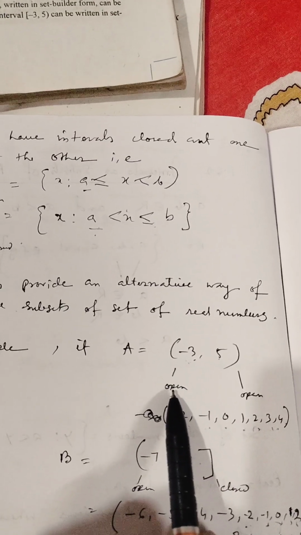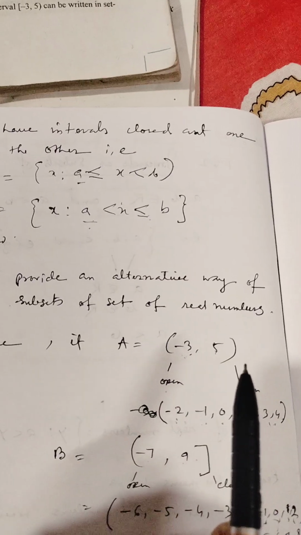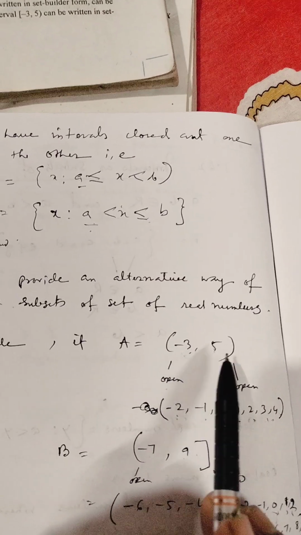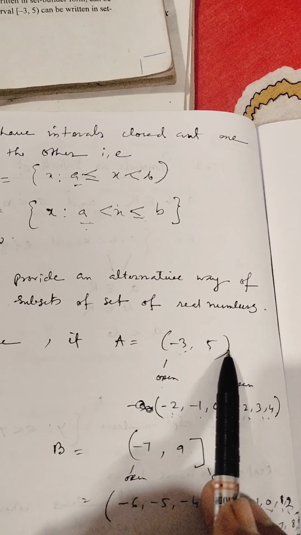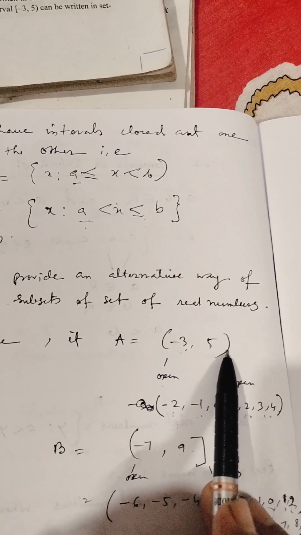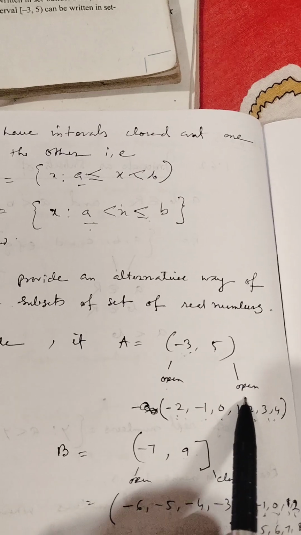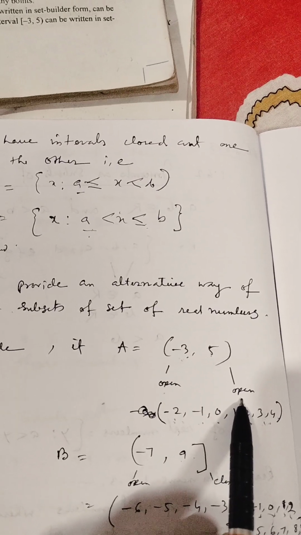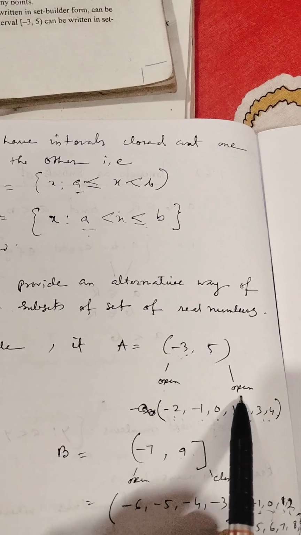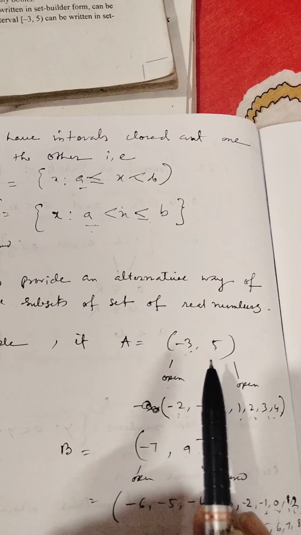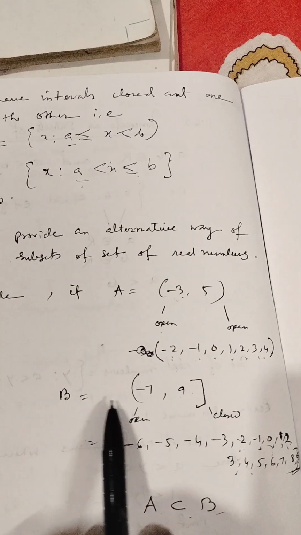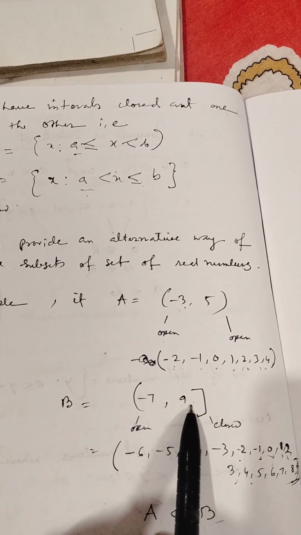Open means not including, greater than -3. And 5 is open, less than 5, not 5, excluding. Understood?